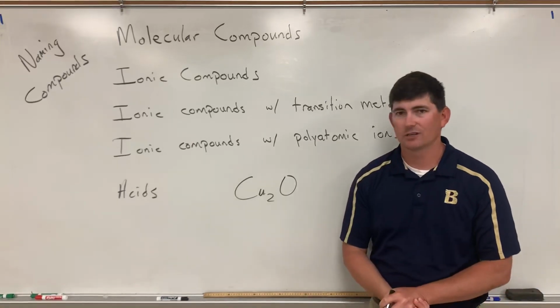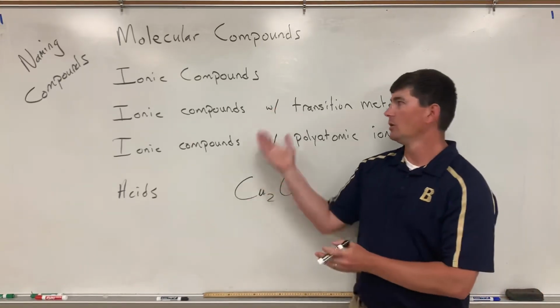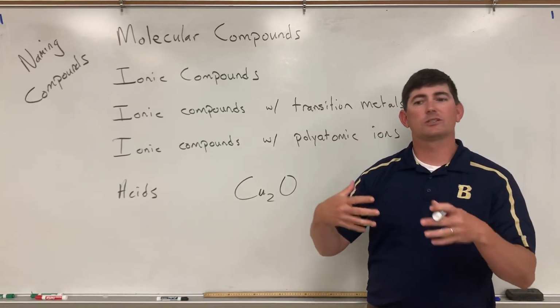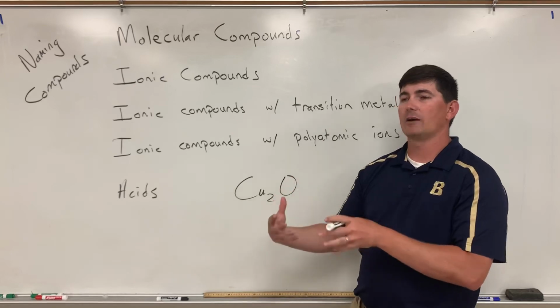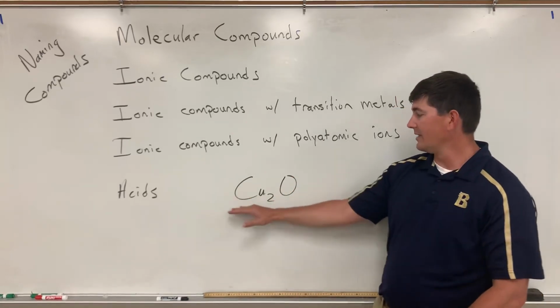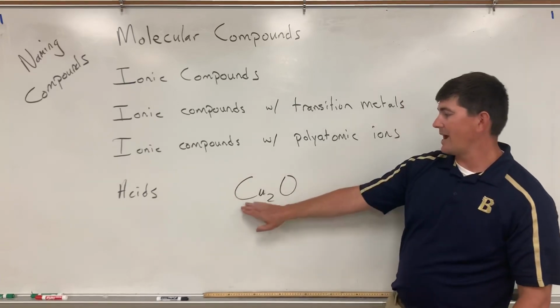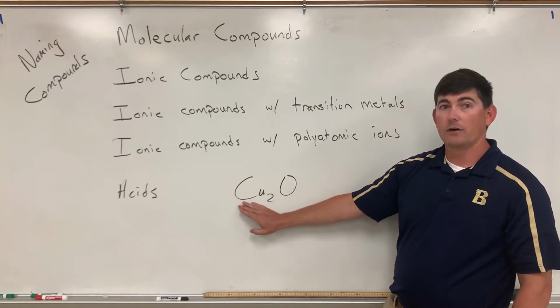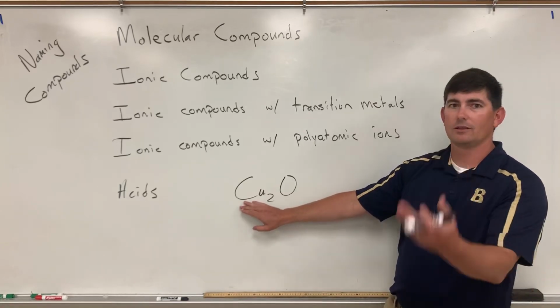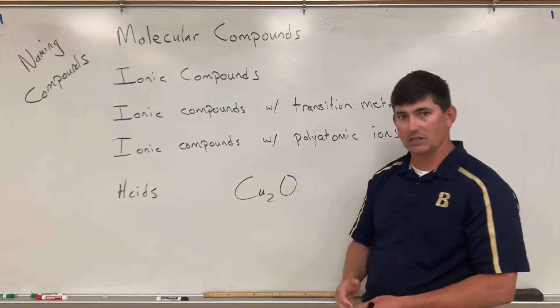What is an oxidation number? I'll go into more detail later, but an oxidation number is basically just the charge that an atom would have when it becomes the ion that it wants to become. In this compound, this has become an ion, so what is the charge of this metal in the ion? That is its oxidation number.